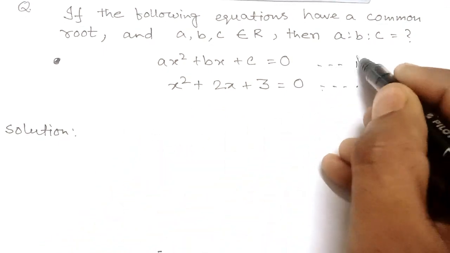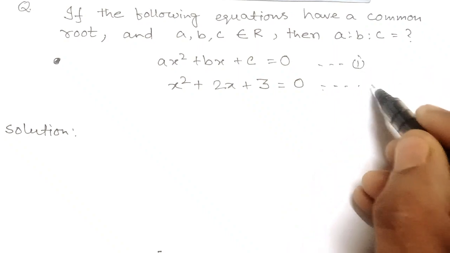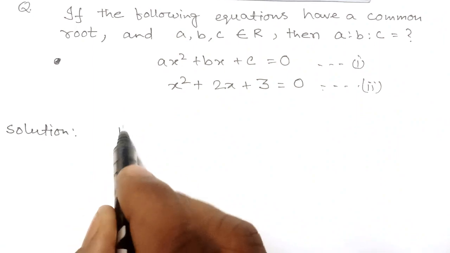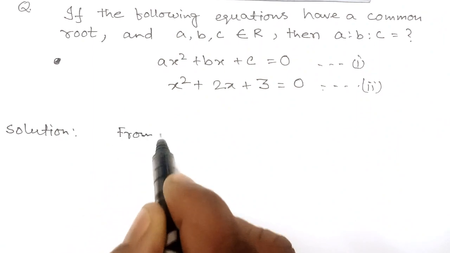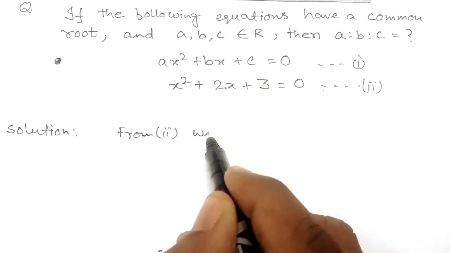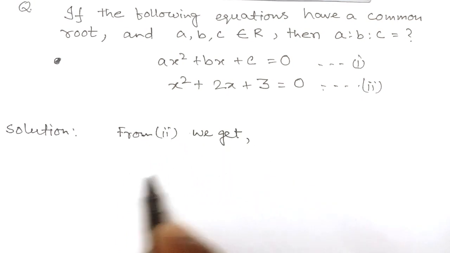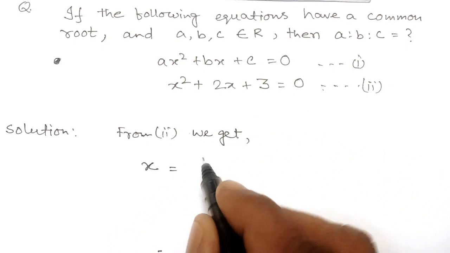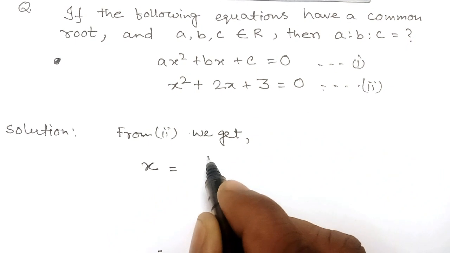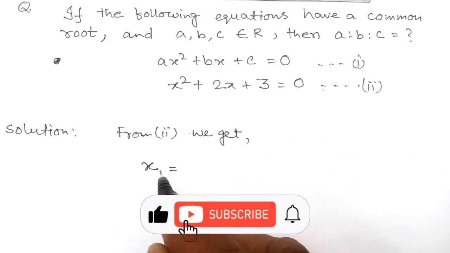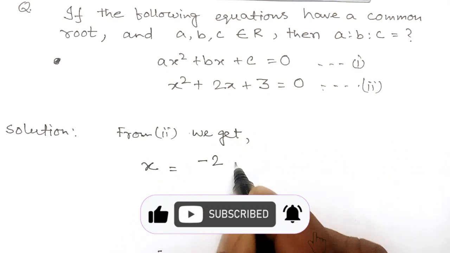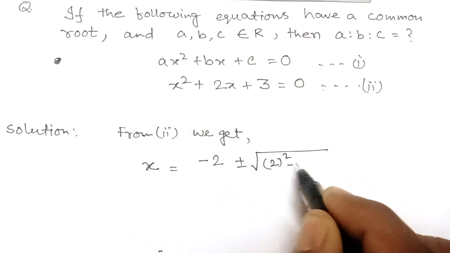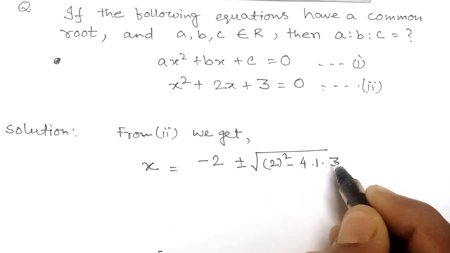First of all, we give this equation the number 1 and this equation the number 2. So we will take the second equation and find the roots by applying the formula of the quadratic equation. X will be minus 2 plus minus root over of 2 square minus 4 into 1 into 3.